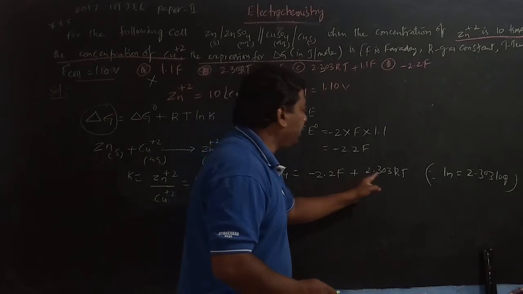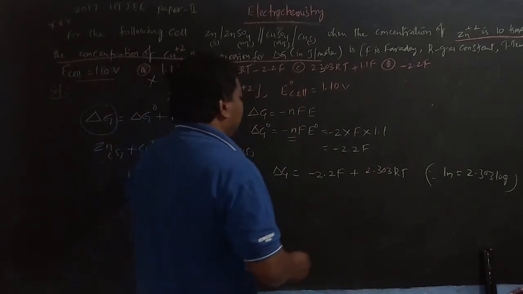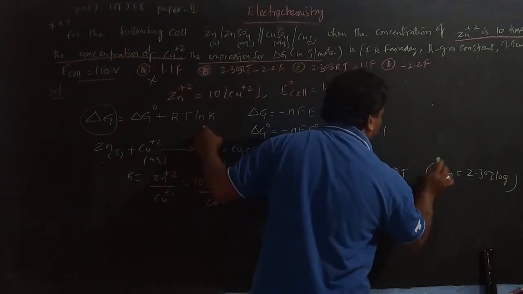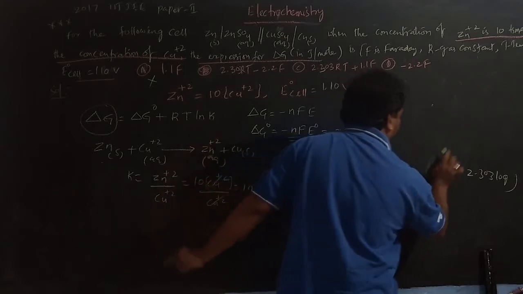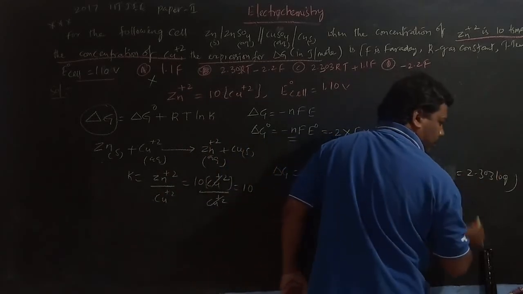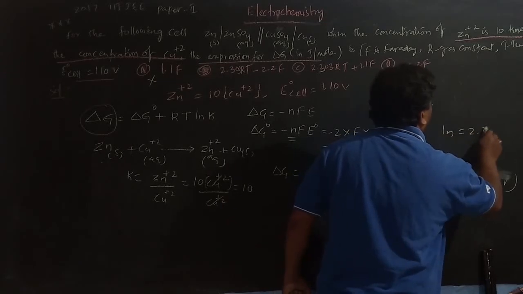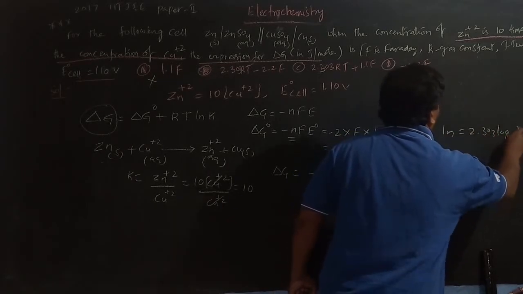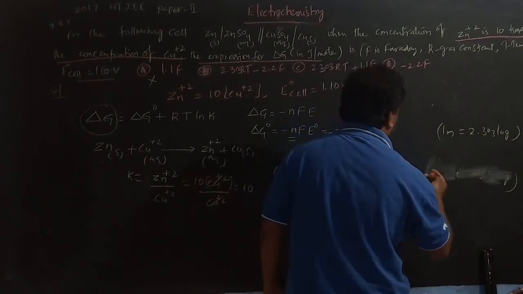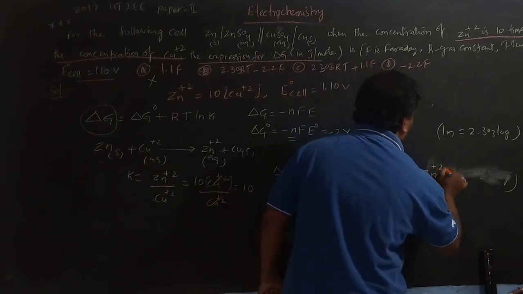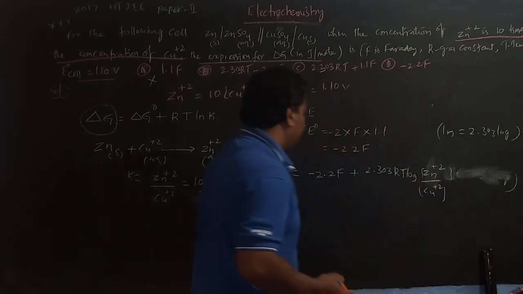So 2.303 into RT into log of the concentration of products, Zn2+ by Cu2+.